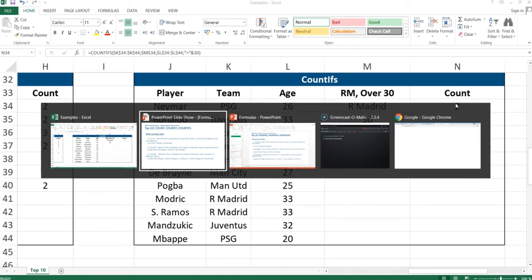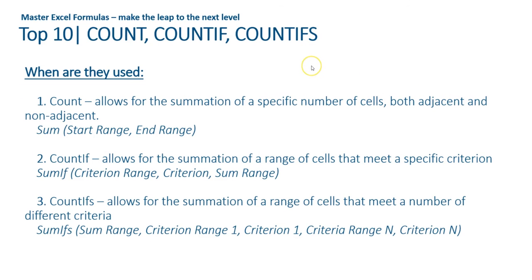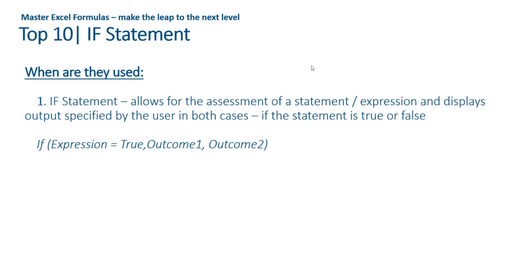Now going back to the presentation, the next group of formulas, or this is really one formula which has a lot of variations, is the if statement. This is one of the most important formulas in Excel because it is very applicable in many of the analyses that are done here.